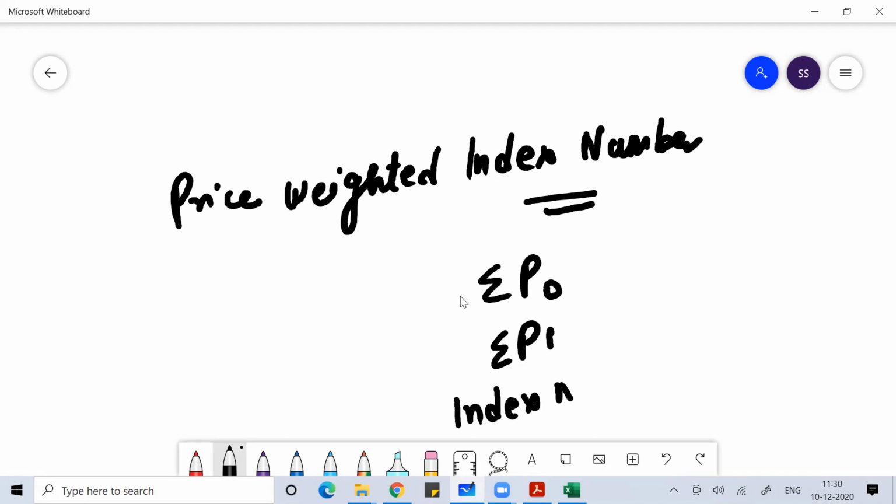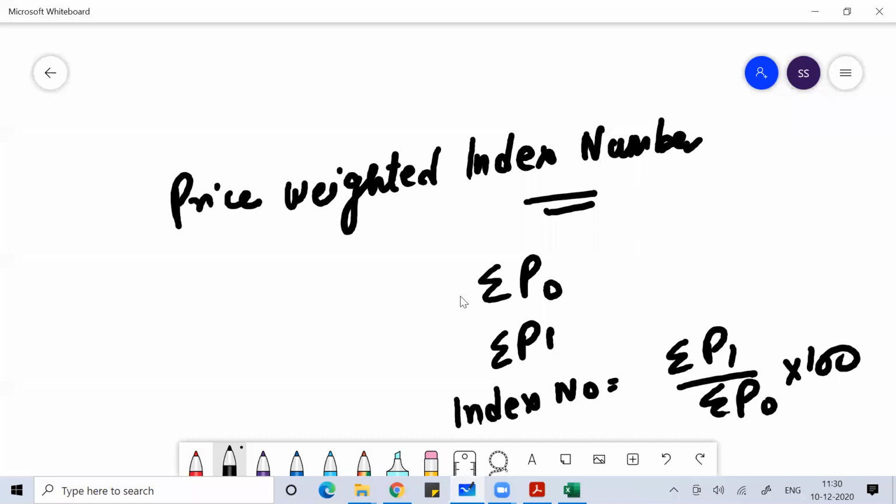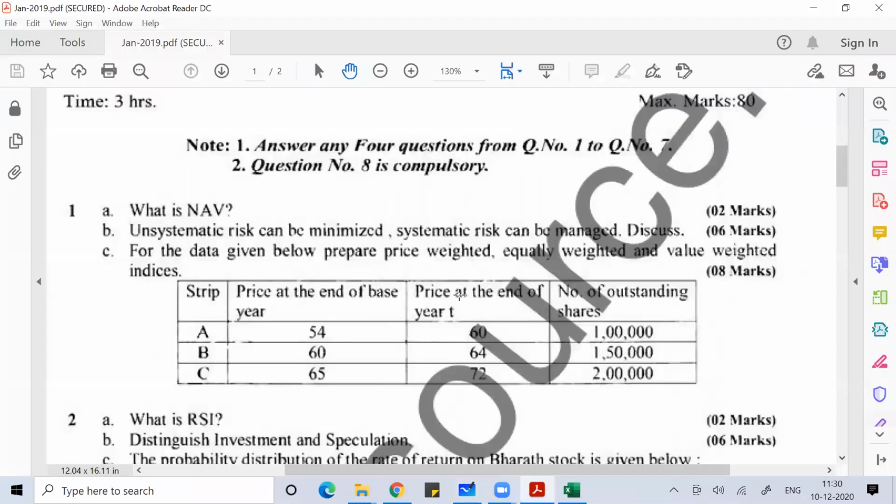The index value is the sum of P1 by the sum of P naught into 100. Indexes like Dow Jones and Nikkei 225 look only at the underlying price of the basket of commodities being considered for the calculation of the index.